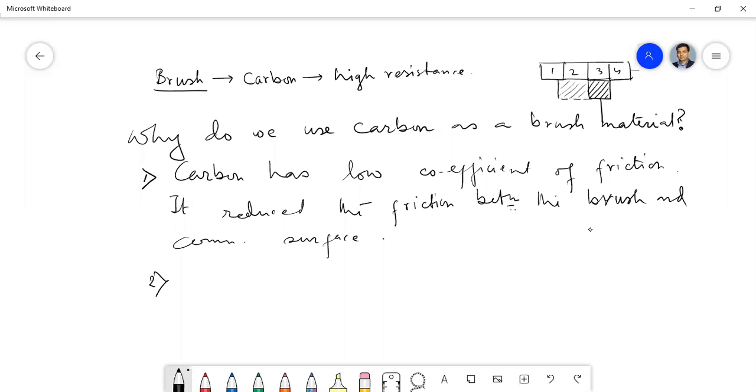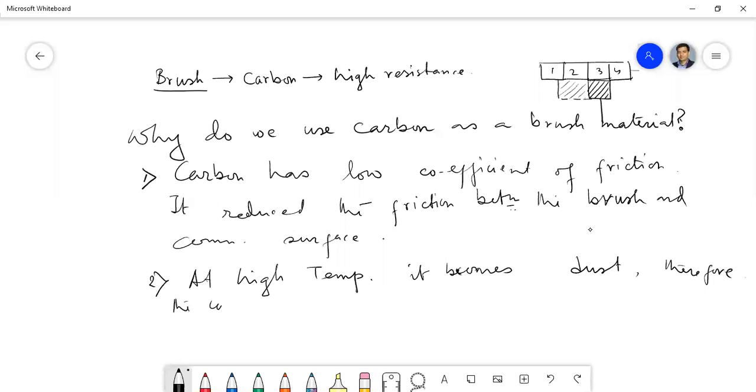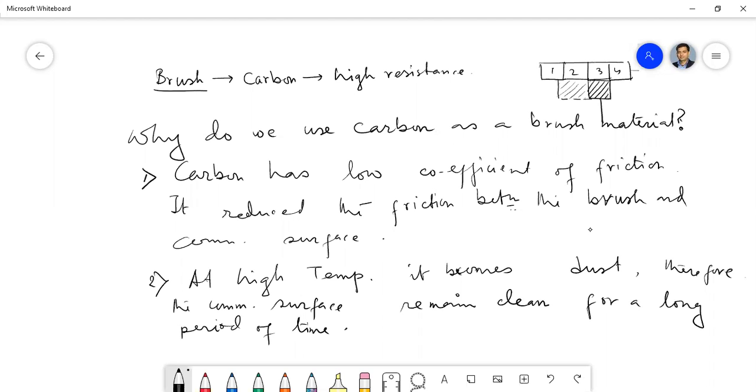It doesn't melt. Okay, so this is the second point.